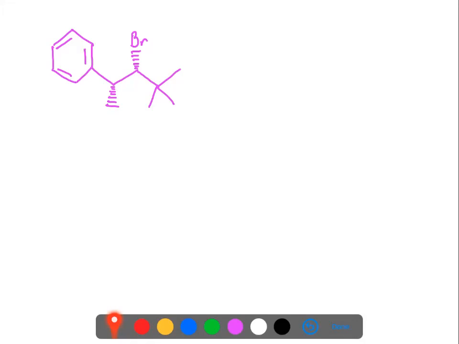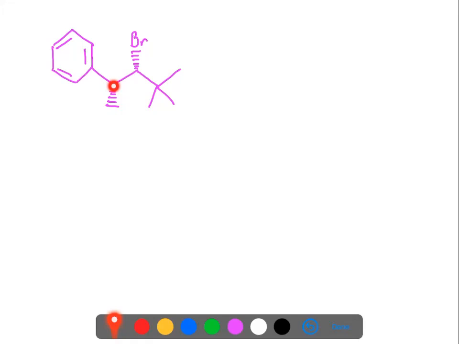But only one of these positions bears a potential proton or a hydrogen. There are no hydrogens attached to this carbon. It's fully substituted with methyl groups, i.e. the t-butyl group, whereas this beta carbon does have a single hydrogen that's available to be donated to the base as a proton. So this beta position only has one proton, so the reaction will be stereospecific.